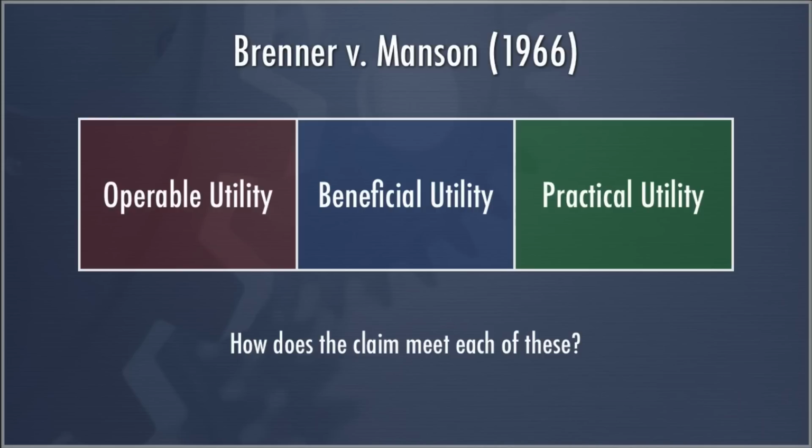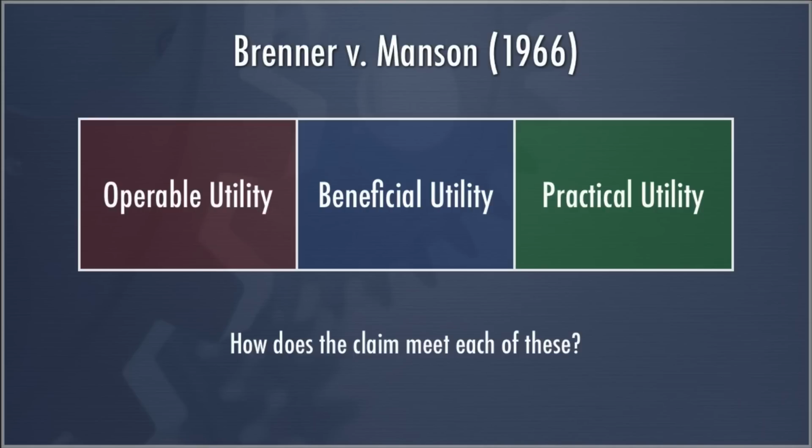There's the Story approach, the beneficial utility approach, which this also clearly meets, which is as long as it's not actively harming society in having this invention, then it's patentable, and this clearly meets that. But what Brenner does is set up a new rule, which we now understand to be the practical utility requirement: in order to get a patent, you have to have an identifiable and specific benefit to the subject matter of the patent.